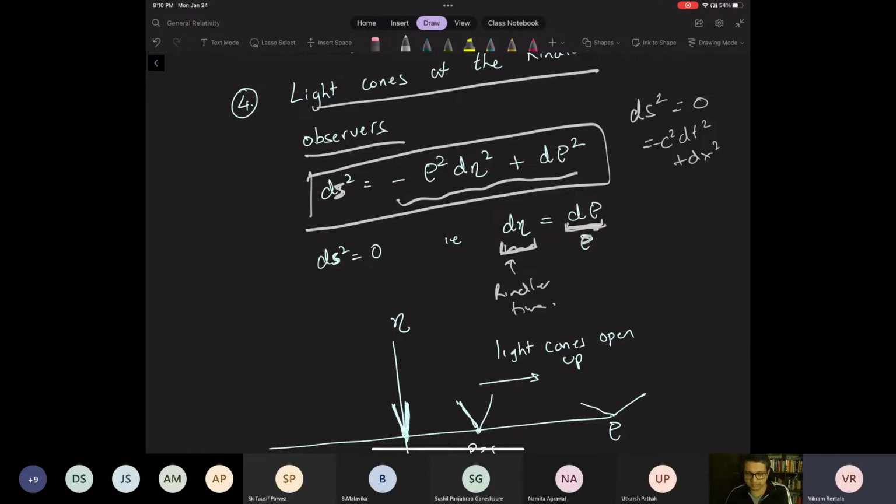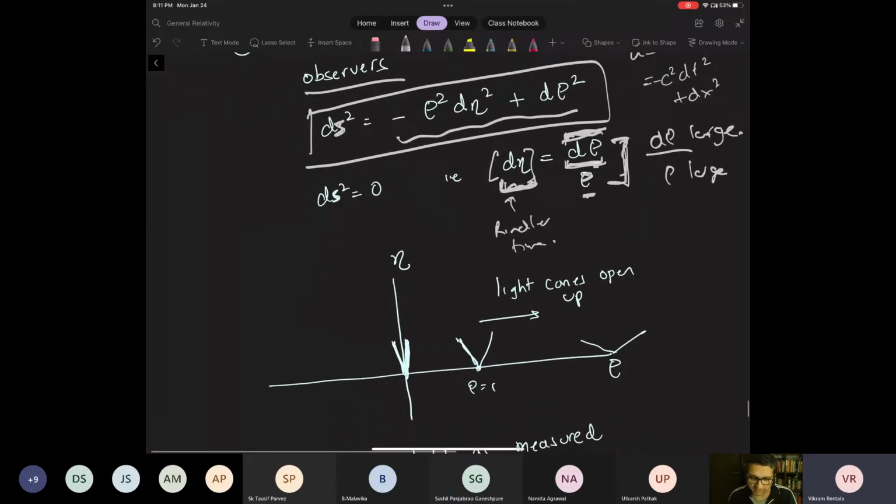If your rho coordinate is larger, d rho is also larger for the same d eta. So in a given time interval, you want to preserve this quantity. If your rho is larger, your d rho is also larger, so you'll travel a larger distance, larger as measured in Rindler coordinates.